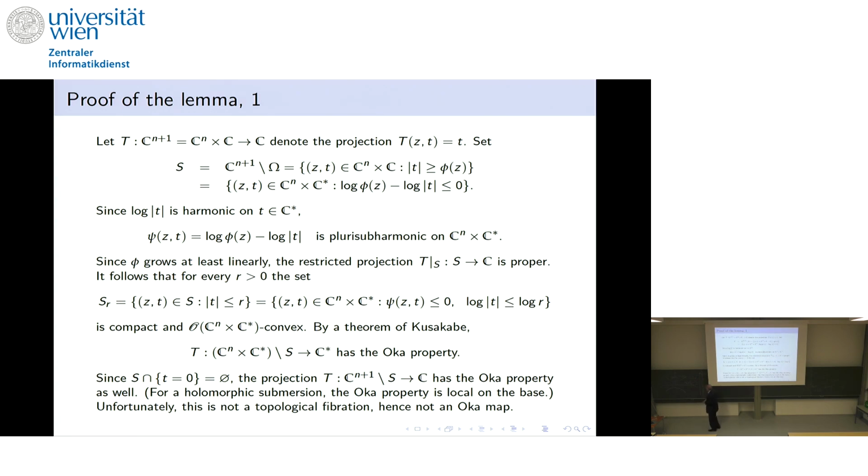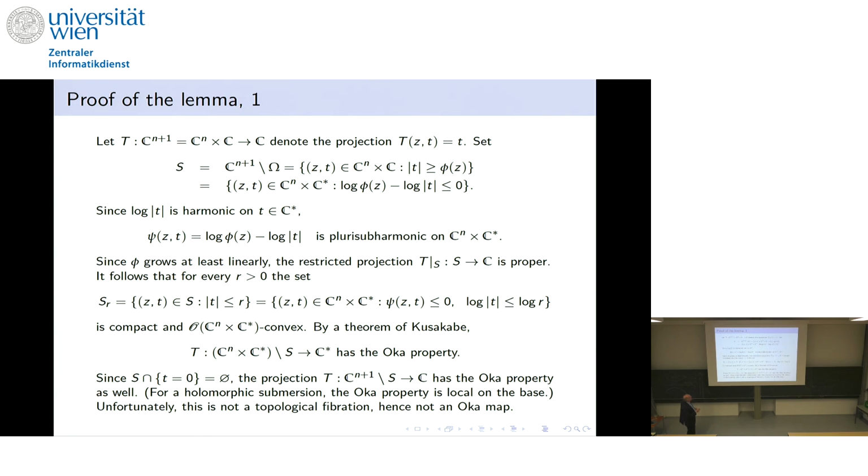We look at this projection. I call this variable t, and the variable here is called z. So the total variables are z and t, and I look at capital T, the projection on the t factor. And because I have this linear growth, I see that S is the complementary domain, and it's defined as follows, where t is bigger or equal to phi.